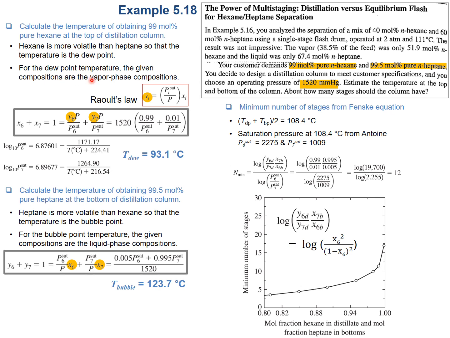So by Raoult's law, with the vapor phase compositions fixed, the summation of X, the liquid composition, is equal to 1.